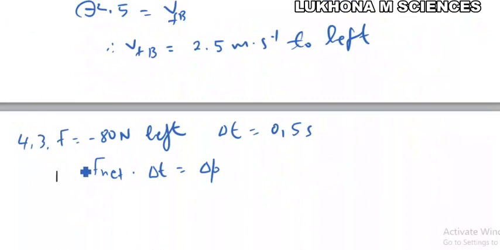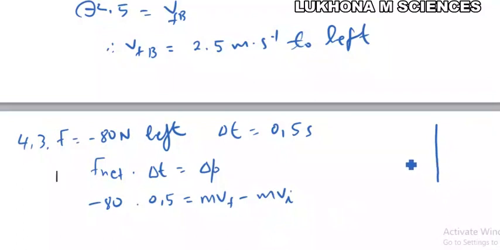On question 4.3, the net force is minus 80 and the time is 0.5. Then the change in momentum is mv final minus mv initial. Now we are talking about A on the wall, which means that is the final velocity.